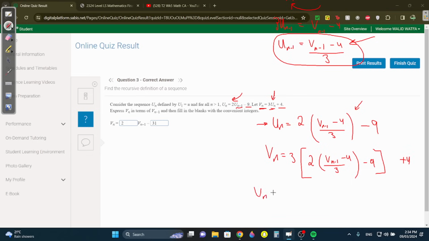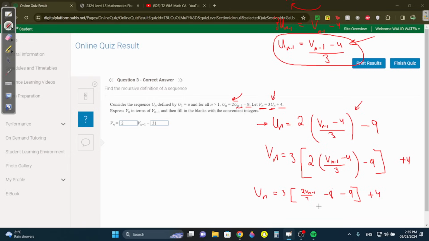So let's simplify this. Let's distribute the 2 first. Okay. So 3 times 2 times Vn minus 1 is 2Vn minus 1 over 3 because it's over 3. Then 2 times minus 4 is minus 8. Hold up. And you have this minus 9 over here. And then you have the plus 4 outside.